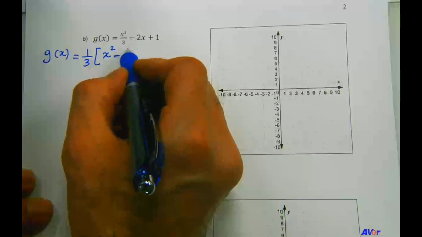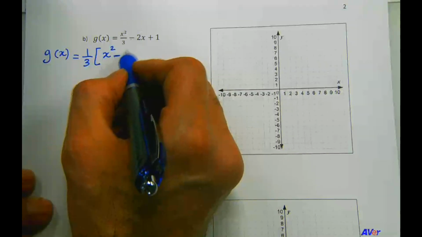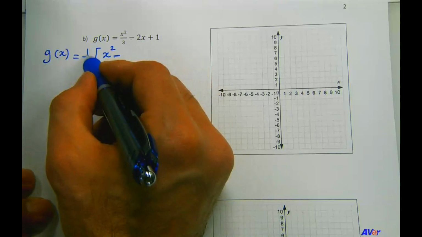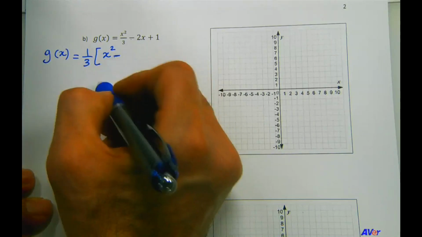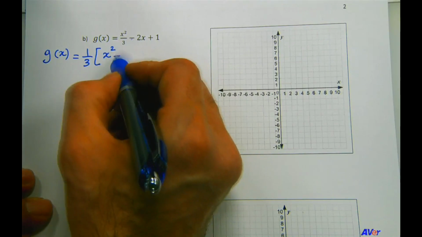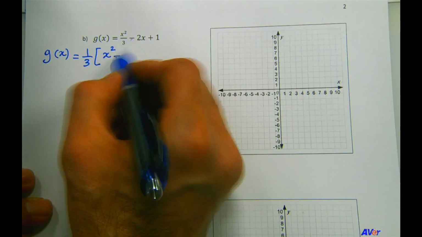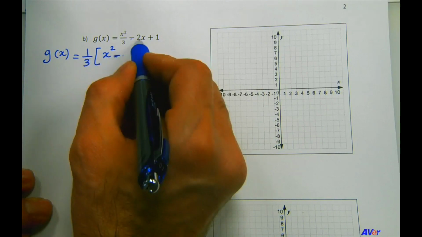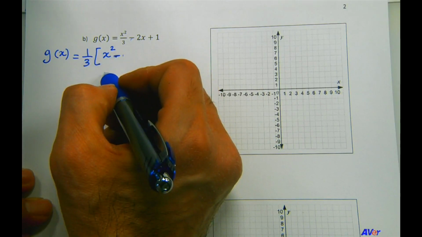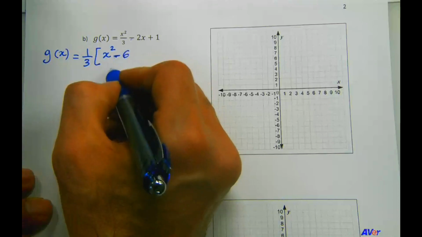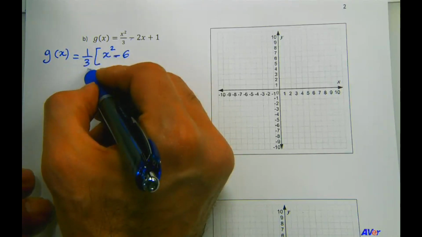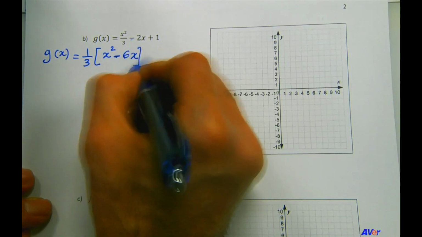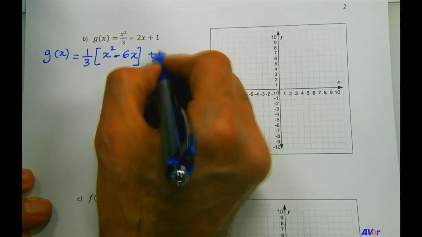So what do I multiply 1/3 by to get a 2? Because the minus is already being taken care of. What number should I put here to multiply by 1/3 to end up with 2? 6, right? 6 times 1/3 is 2. And then close bracket, and of course plus 1 is here.